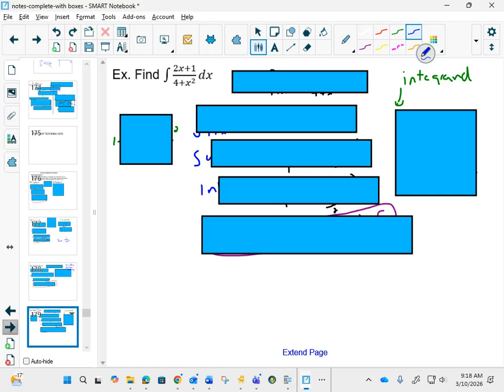So I let u equal 4 plus x squared, and then du dx is 2x, and then I'm like, oh, there's the extra plus 1. If that plus 1 wasn't there, this would be the strategy, and it would work. But the plus 1 is there, and this strategy now doesn't work.